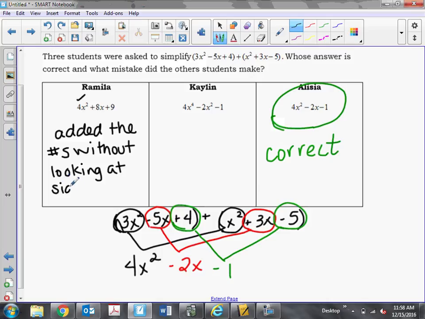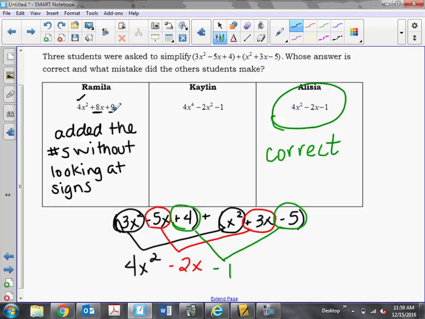She didn't see the fact that 5x was a negative 5. She did not see that negative 5 was a negative 5. She just saw the fact that they were both positives, and so she added them together. That's how she got the 8x and the 9. So she messed up by getting that 8x, and she messed up by getting that 9 because all she did was just add the numbers without looking at those negative signs.